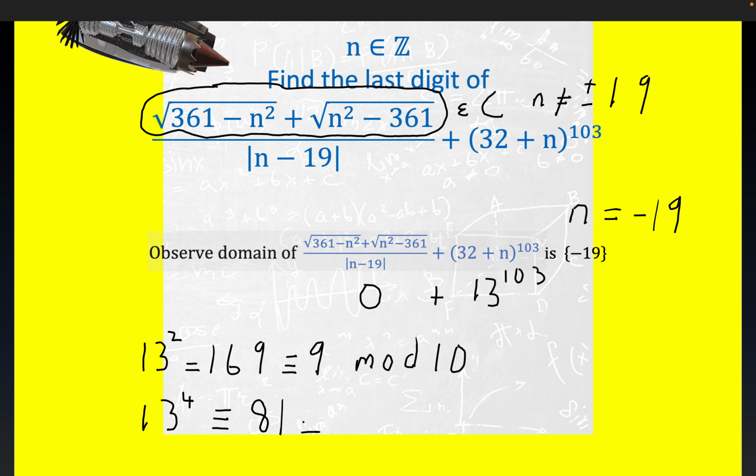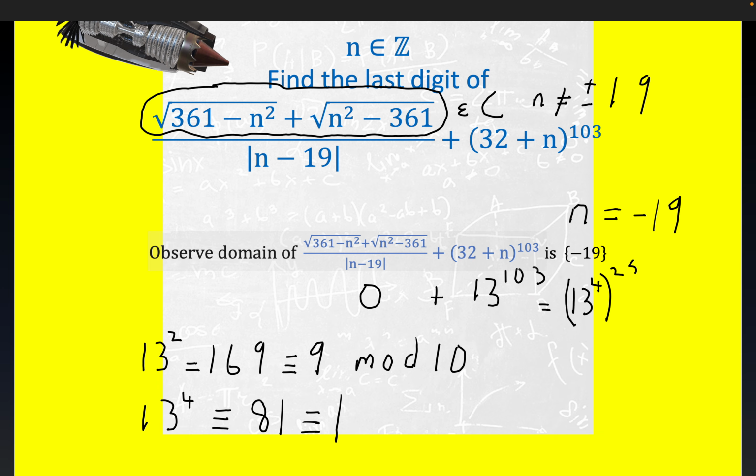It's congruent to 1. And again, we're talking mod 10, right? So what we have right here, folks, is we can rewrite this as 13 to the 4th raised to the 25th. This is the laws of exponents.